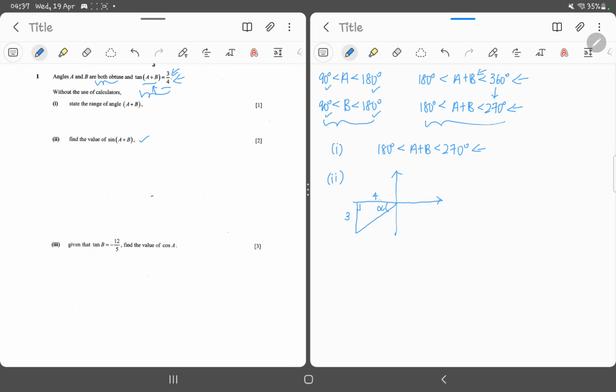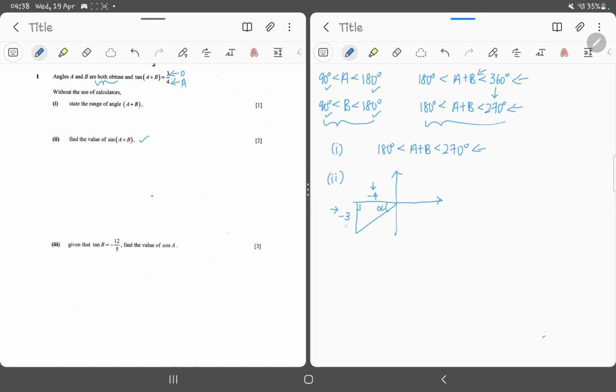Now because this is in the negative X component and the negative Y component, over here I should write it as -4 and -3. These values over here, -4 and -3, are derived using tangent (A plus B) equals 3/4, because we know that for tangent, the numerator is the opposite and the denominator is the adjacent.